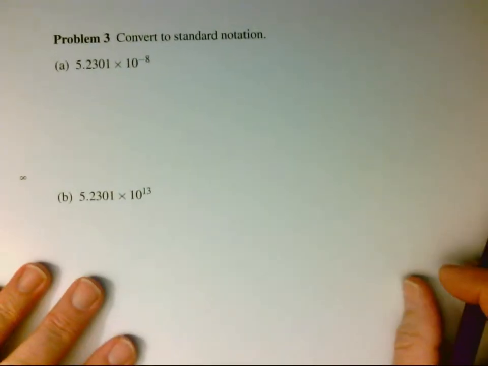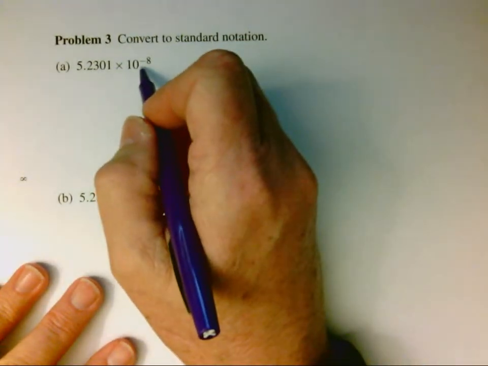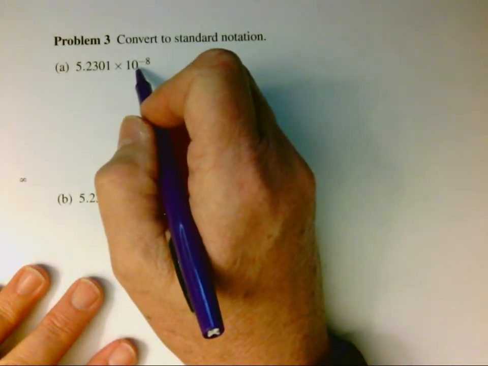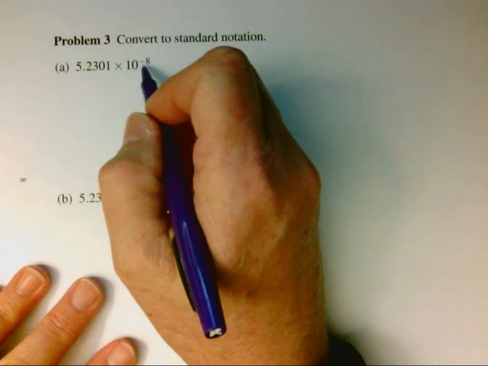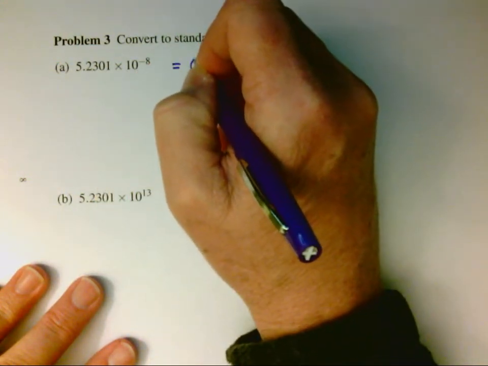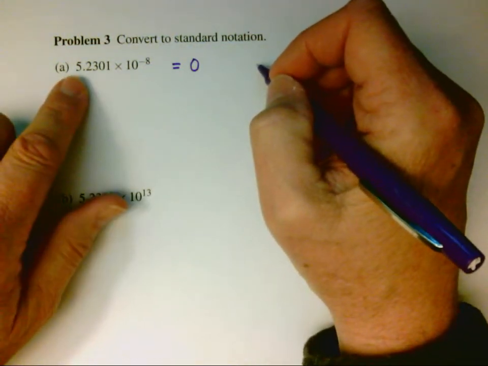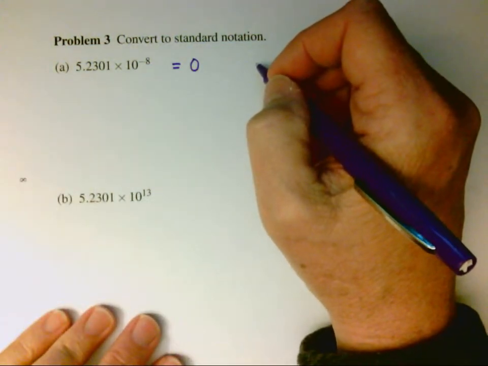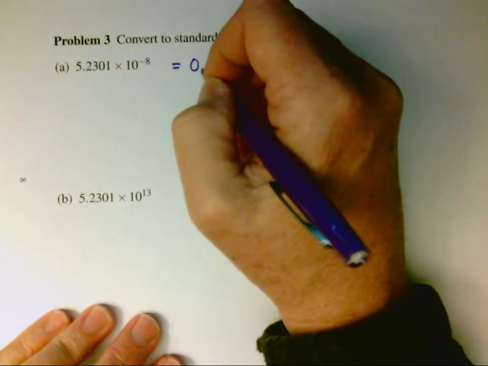Go the other way. The 10 to the negative 8 means we're dealing with a small number, so we have to have the 5 land in the 8th place after the decimal.